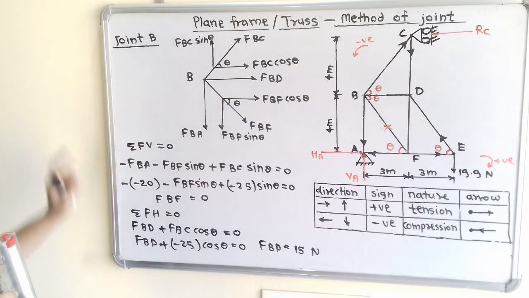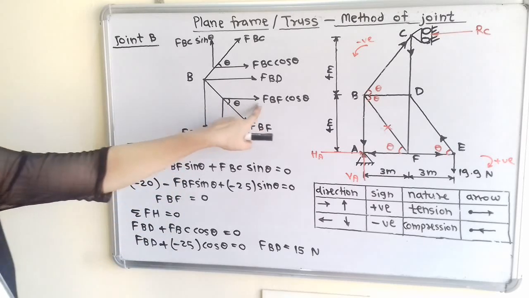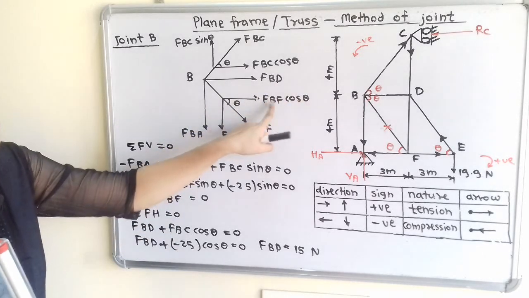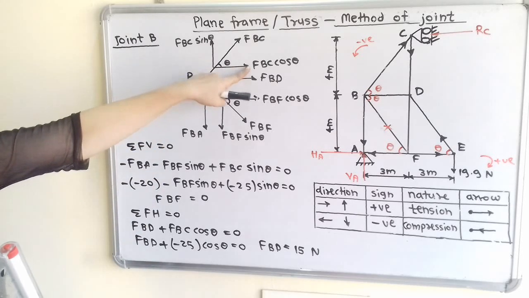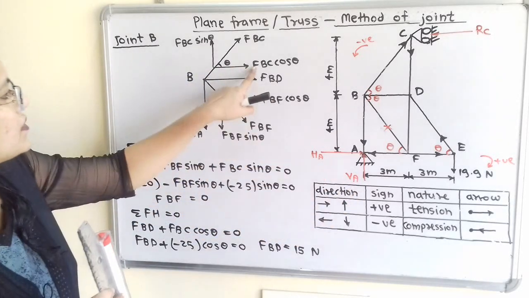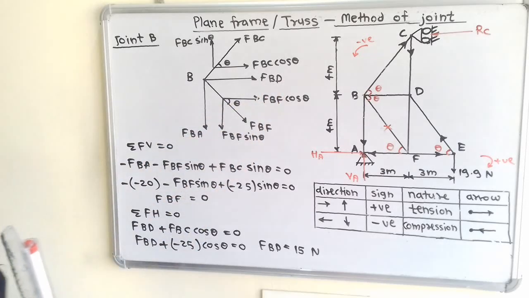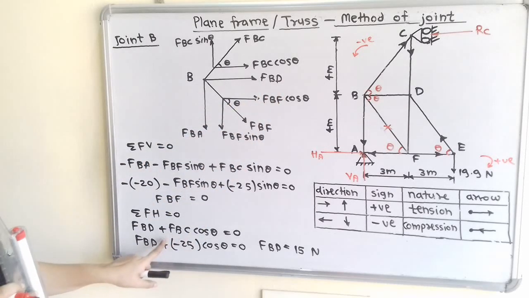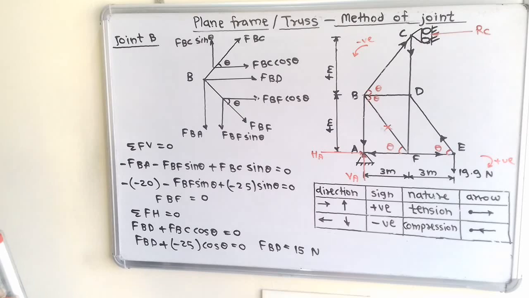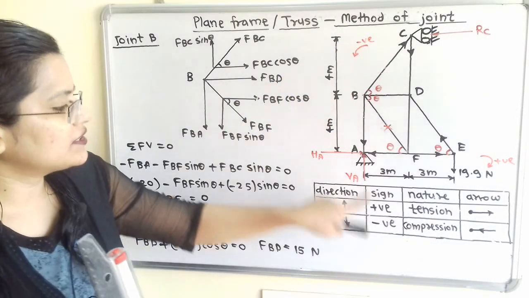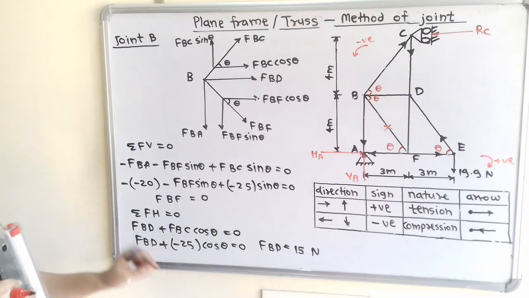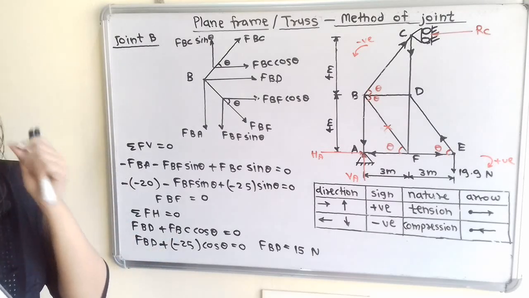Summation of all horizontal forces is equal to 0. It is not necessary to use the BF term because its value is 0. So we will simply take, as per the sign, plus FBC cos theta plus FBD is equal to 0. Now again, for this BC, nature is compression, so for BC we will use answer with negative sign.